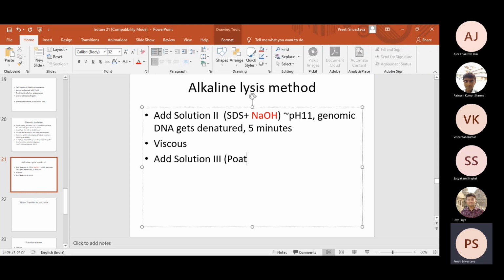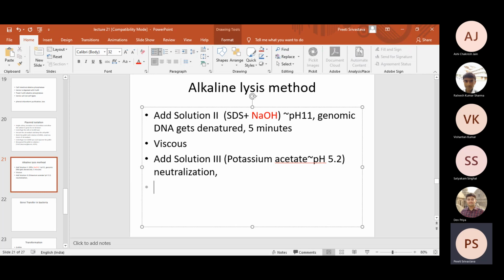This solution 3 contains potassium acetate and has a pH of 5.2. When we use potassium acetate with an acidic pH of 5.2, it is called the neutralization solution, because the high pH which was raised when we added solution 2 becomes neutralized when we add solution 3, right?